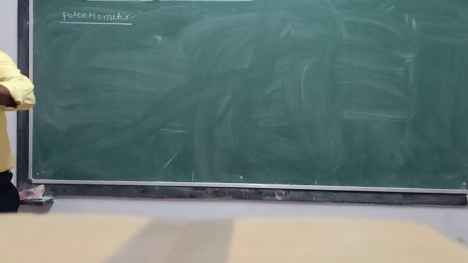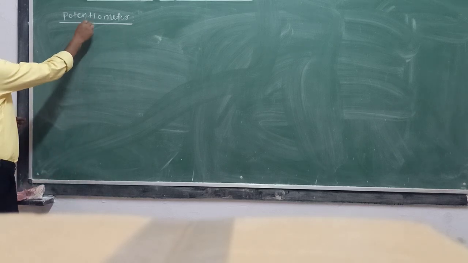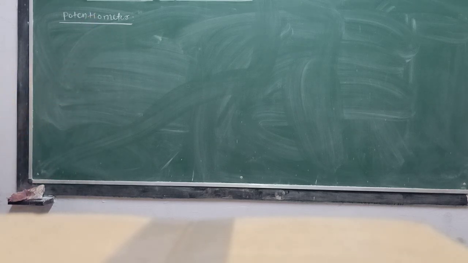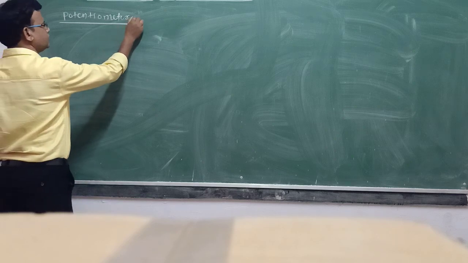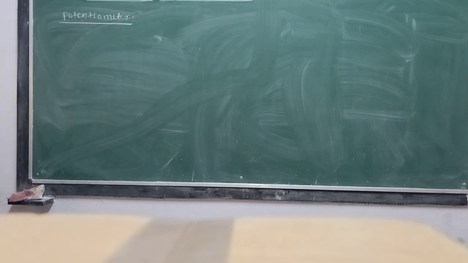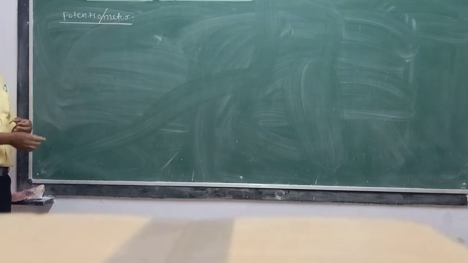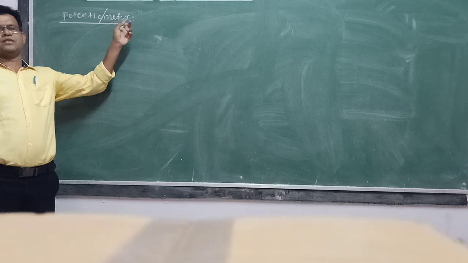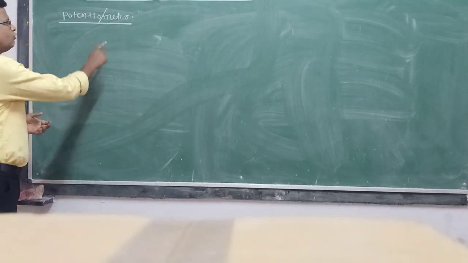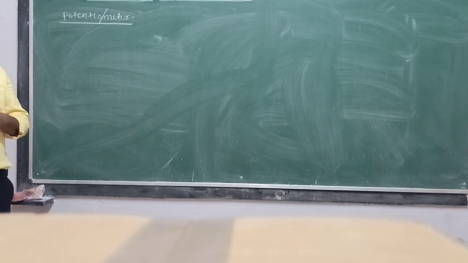So first we will discuss the meaning of the word potentiometer. This word contains two different words: one is potentio and the second is meter. No doubt, meter stands for measurement, and potentio stands for potential.